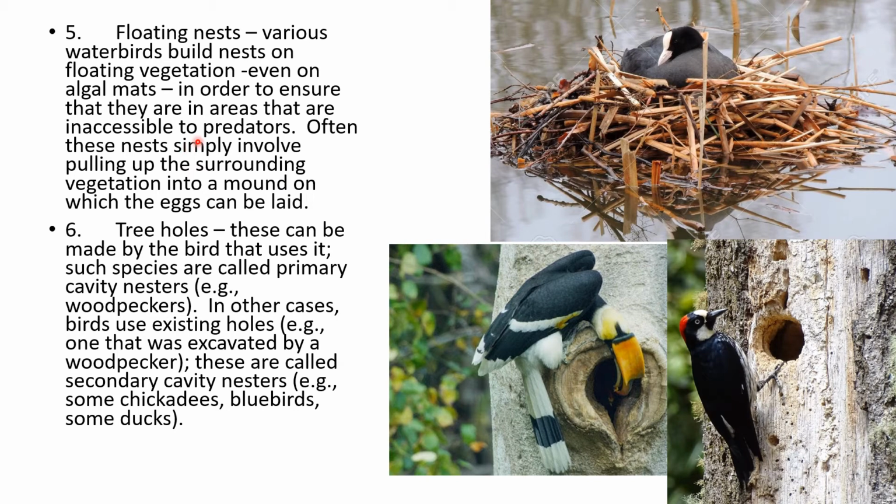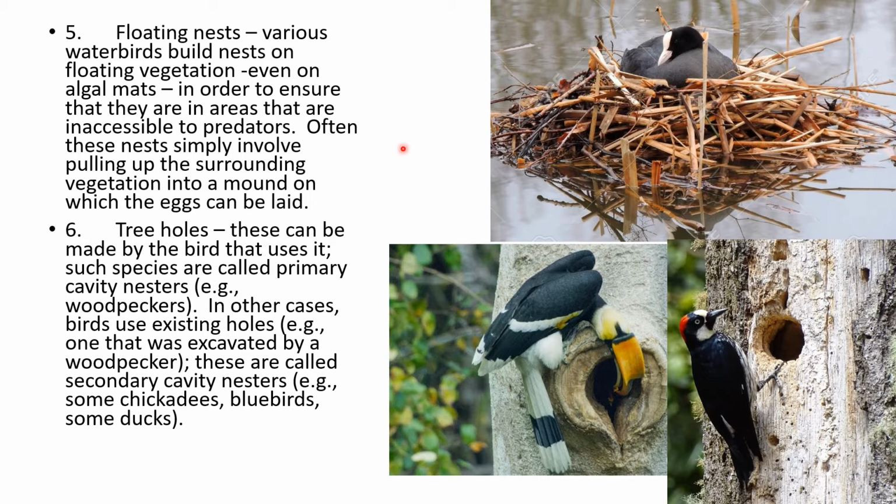Various water birds build nests on floating vegetation or even on algal mass. As you can see here, some water hens are constructing floating nests over the surface of the water in order to ensure that they are in areas that are inaccessible to predators. So a predator has to swim a lot in order to reach these nests.